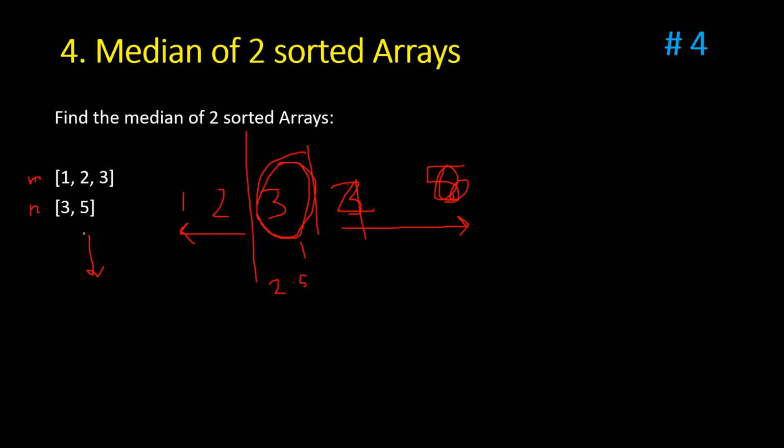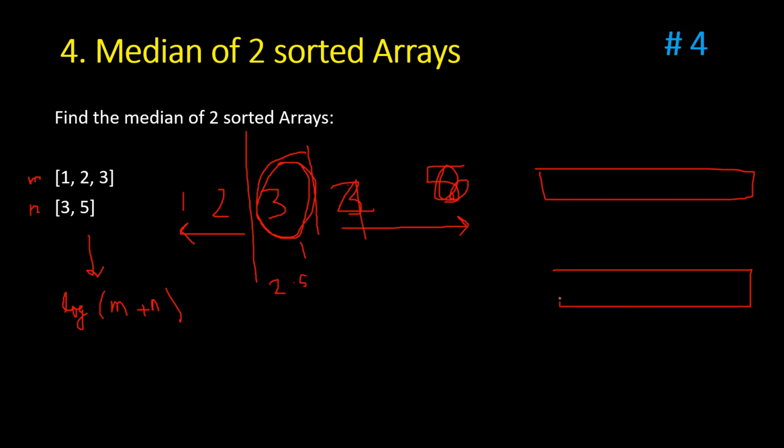But you are not using the fact that these are already sorted, so you can do it in log of m plus n time rather. The best solution would be that. So log of the number of elements. That will come from the fact that you have, let's say, two arrays which are already sorted. You compare their middle values and depending on that, these are the 4 halves that are formed.